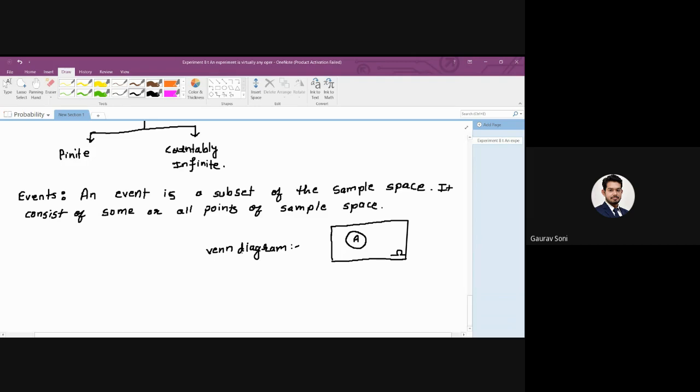Before going to that, we'll also see the definition. What do we mean by occurrence of an event? I won't write the definition, but the word itself says the meaning of occurrence of an event.